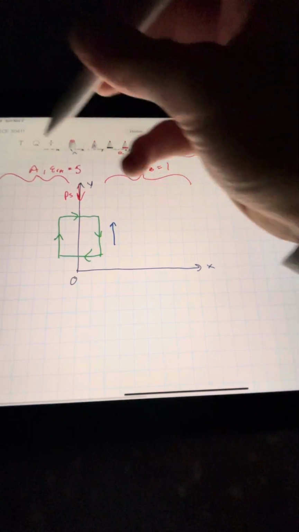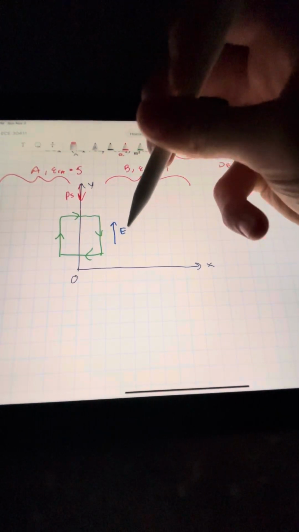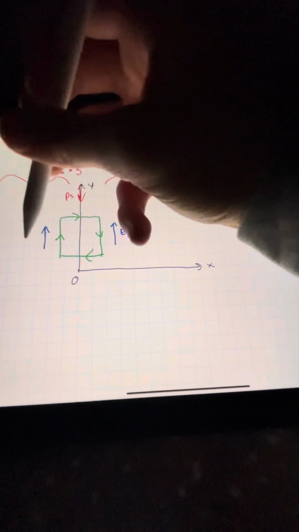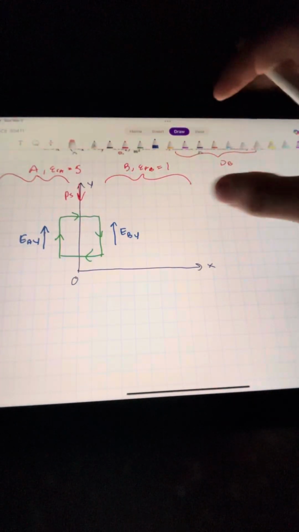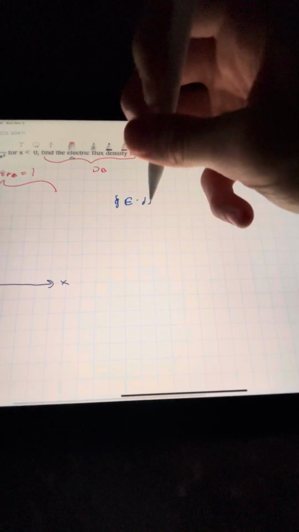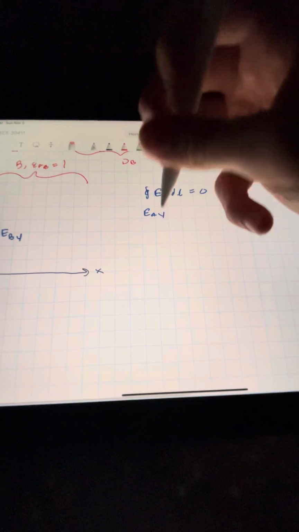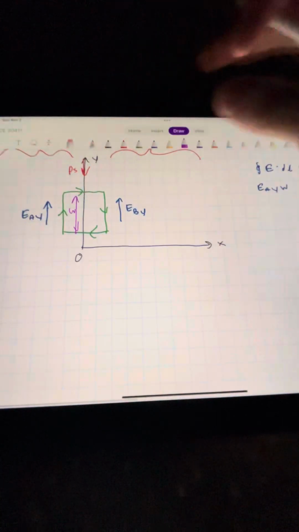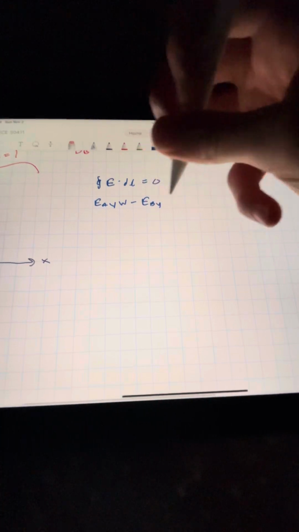Here we have the electric field E sub By, and here we have the electric field E sub Ay. From this closed integral, E dot dl equals 0, we get E sub Ay times the width W, I forgot to label that, minus E sub By times W equals 0.